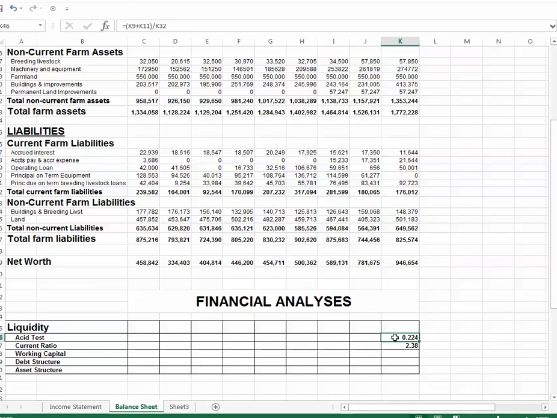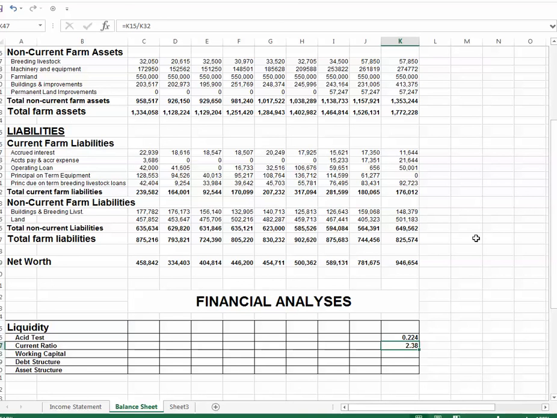Now, if I'm a banker and I see those two numbers, I realize immediately that this farm has quite a bit of their current assets in crops in storage and/or market livestock. And that might worry me a little because I would realize that those current assets had to have an estimated price. And if that estimated price were to decrease, it would simply cause that current ratio to fall.